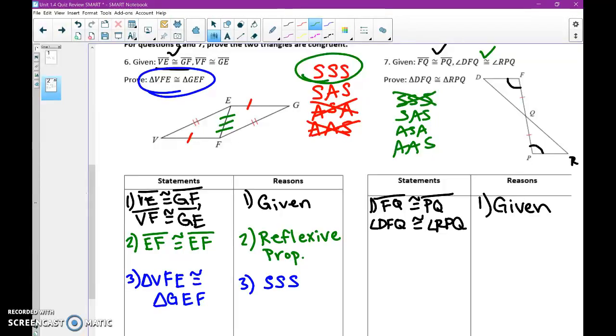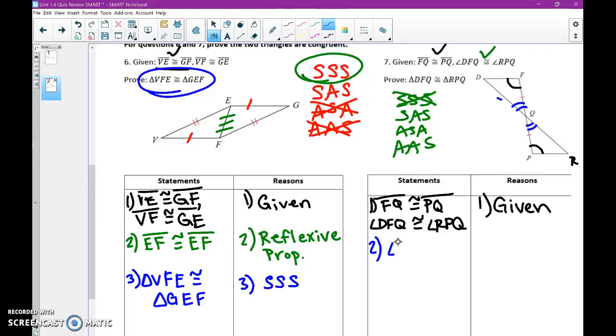What else is in the picture that's not obviously stated in the given, but is still congruent? Remember, I can't just make stuff up. It's got to actually be true. Hopefully, you're figuring out where it is. Right here, we've got this bow tie shape. What is the bow tie shape called? What are those angles that I'm talking about right here?